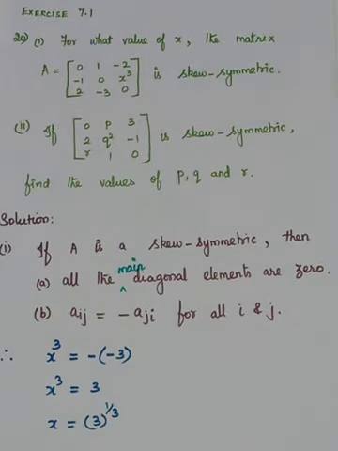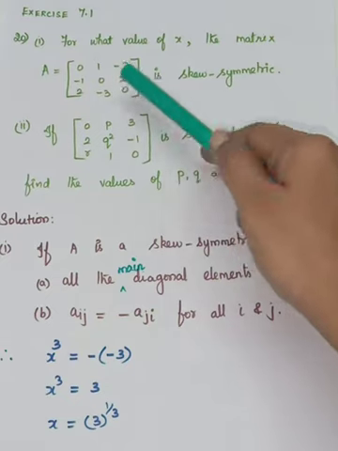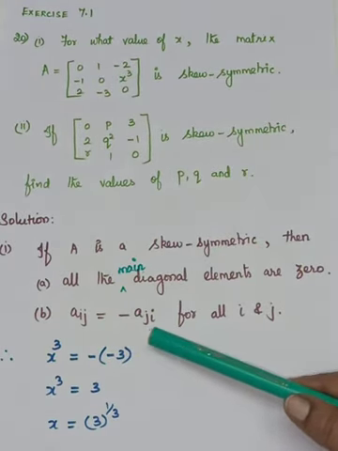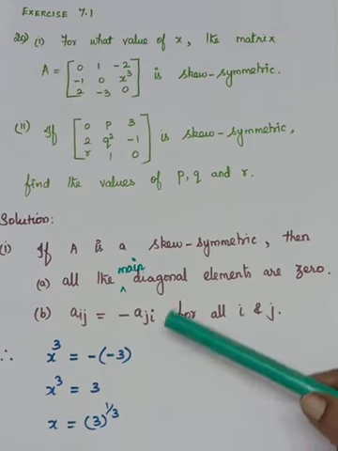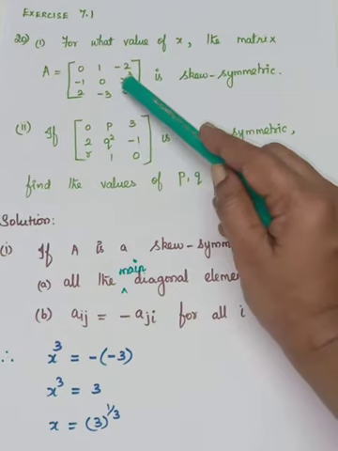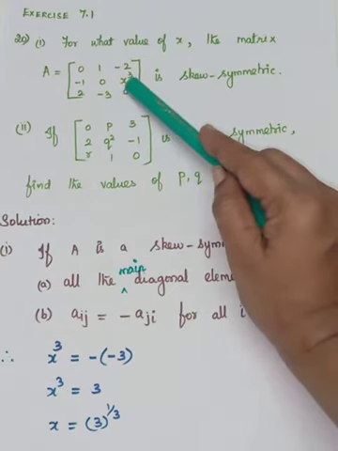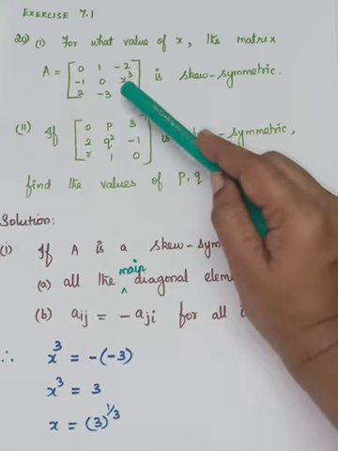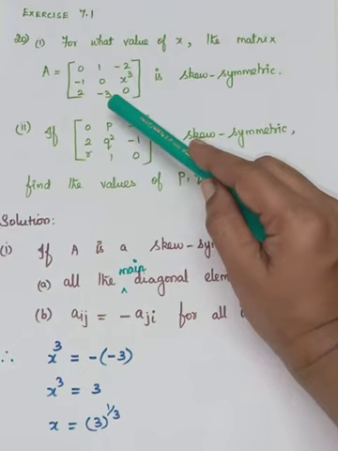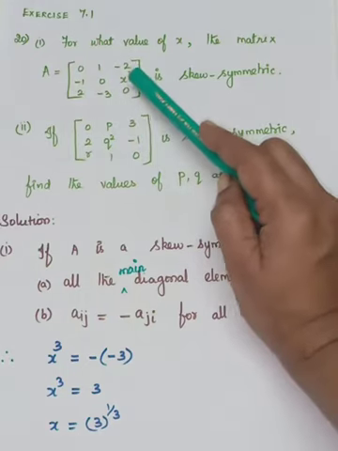You see that in matrix A, the main diagonal is 0, 0, 0. And Aij is equal to minus Aji if it is a skew symmetric matrix. So here you have to find the value of x. So where is x cube? It is in the second row, third column, which is equal to minus of the element present in the third row, second column.